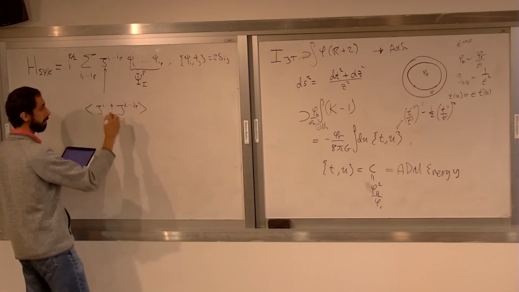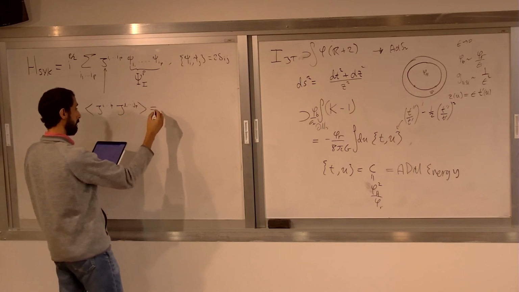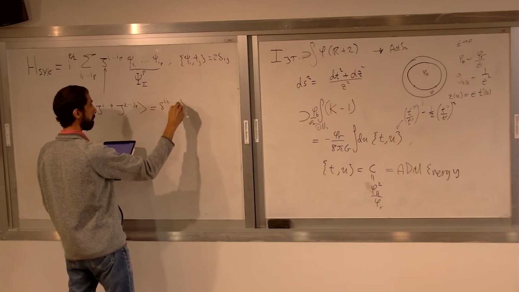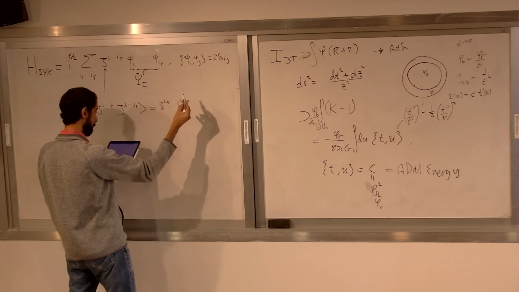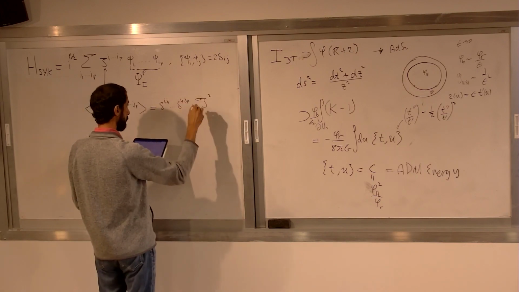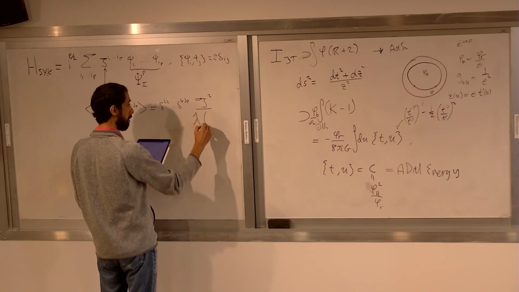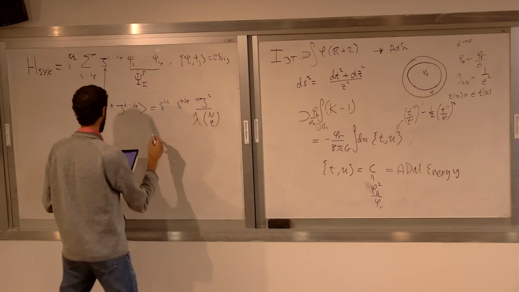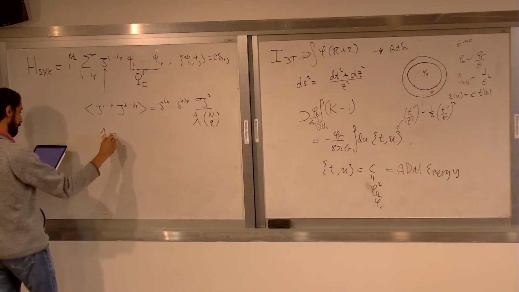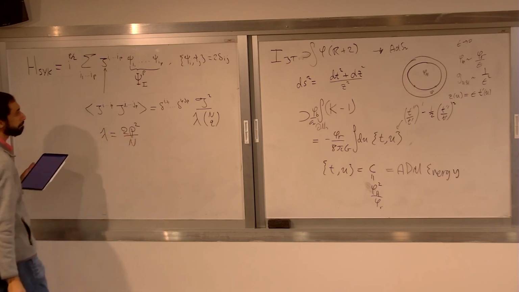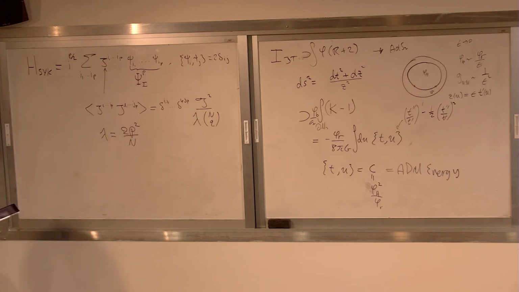They have zero mean, and the variance is given by some constant divided by lambda and choose q, where lambda is equal to 2 p squared over n. Okay, so that's the model.